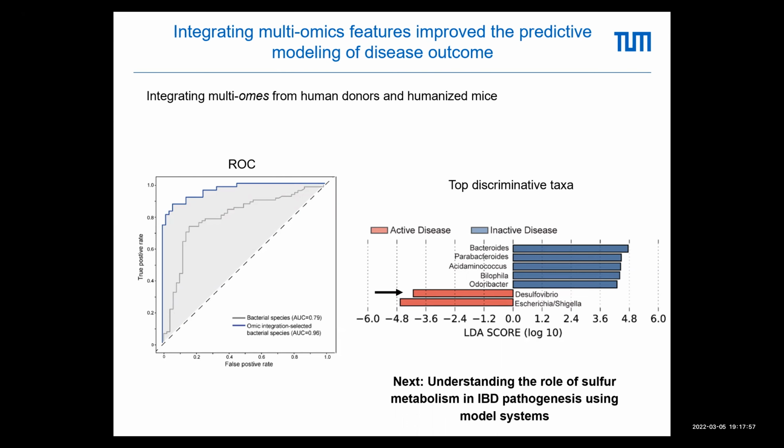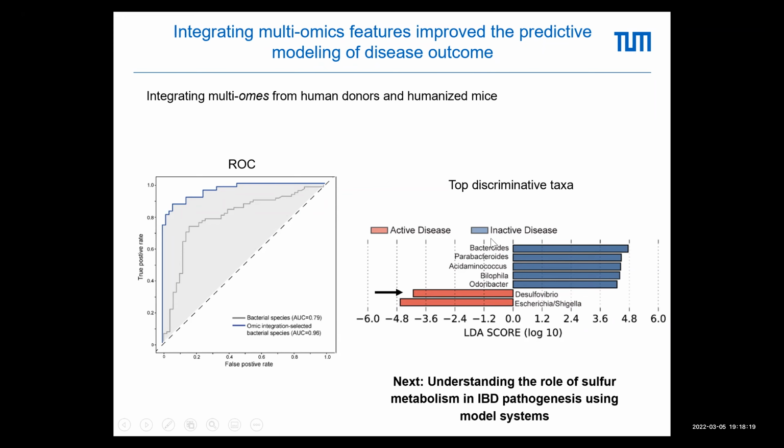And if you remember what I showed you in the beginning, when we used only data from 16S rRNA gene sequencing, or the taxonomic diversity, we could classify the patients based on disease activity with an accuracy of 80%.